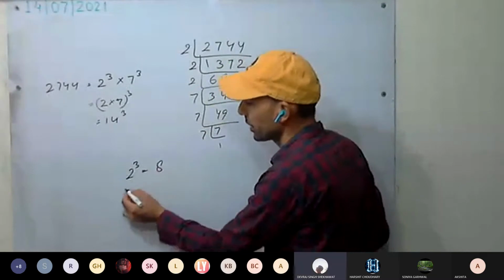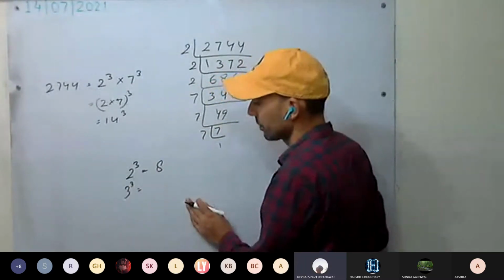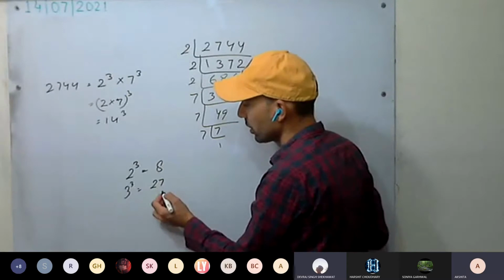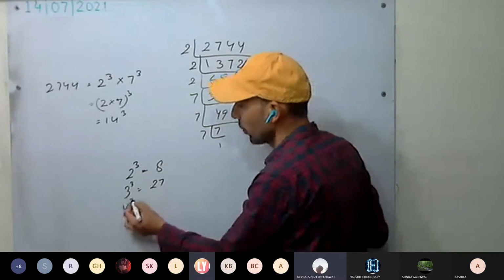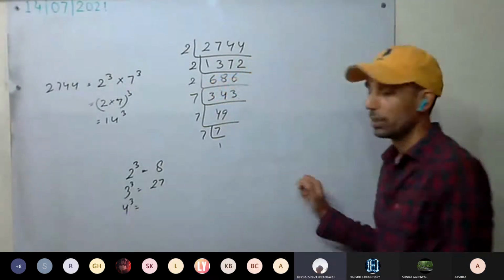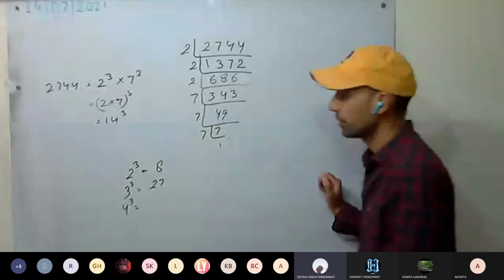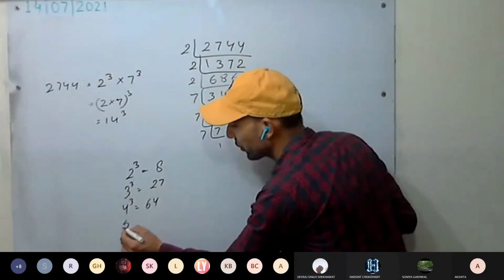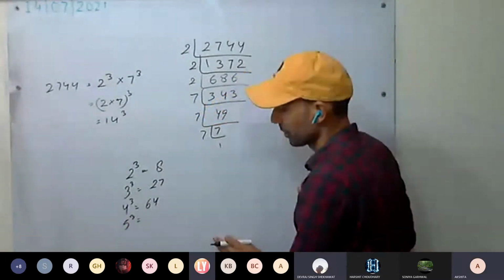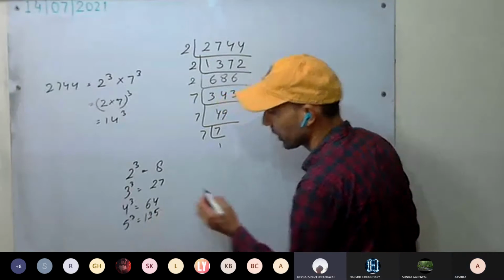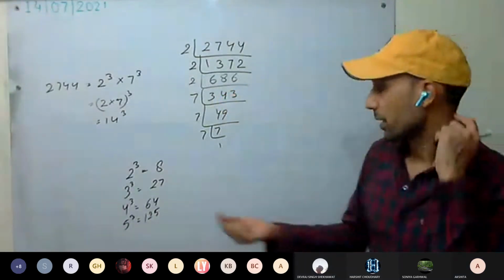Cube of 3? 27. 4 cube? 16 into 4, 64. 5 cube, 125.